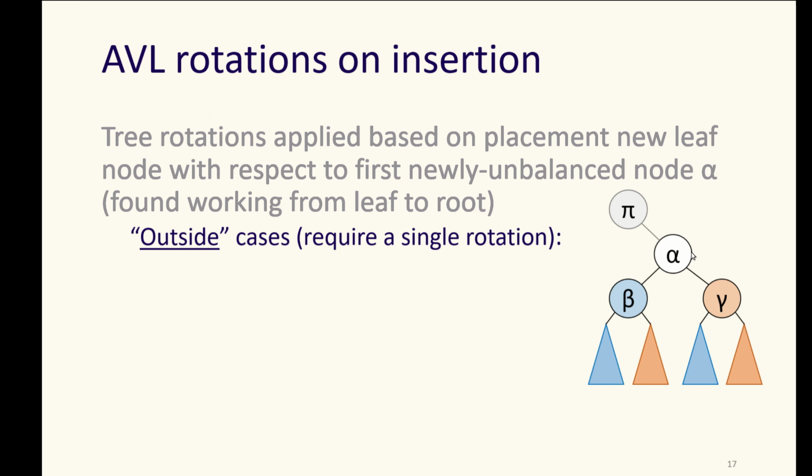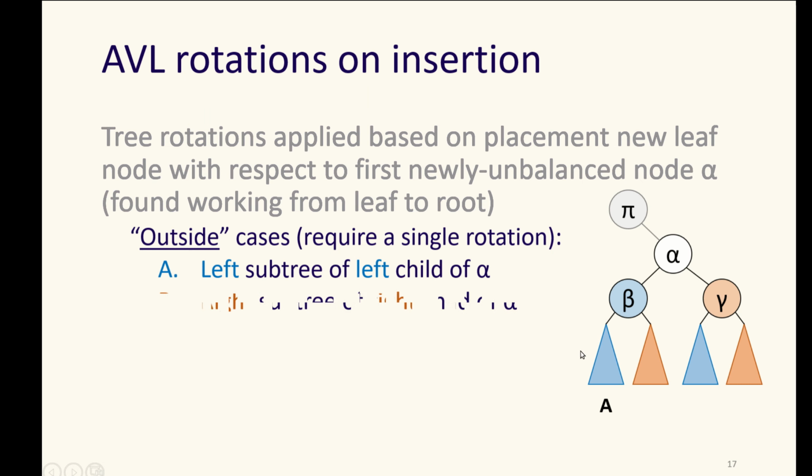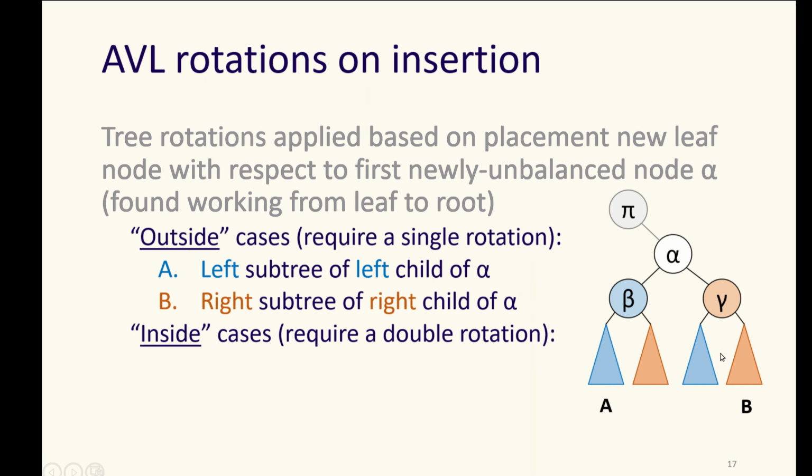We will deal with the outside cases and the inside cases. Outside will be these left of the left and right of the right. Left subtree of the left child of alpha is an outside one. The right subtree of the right child of alpha is an outside case. Then there are the inside cases.